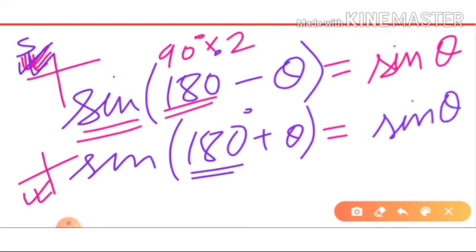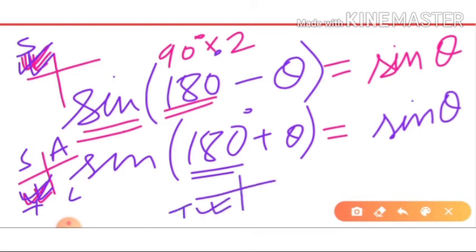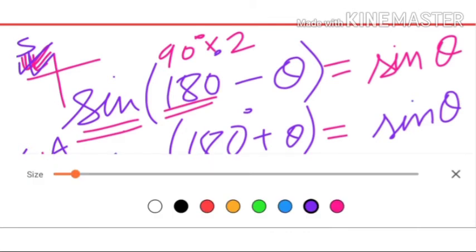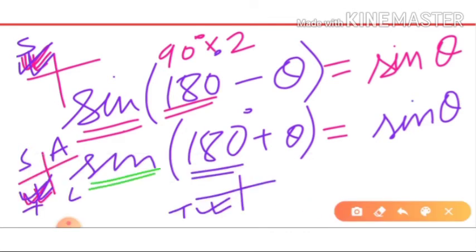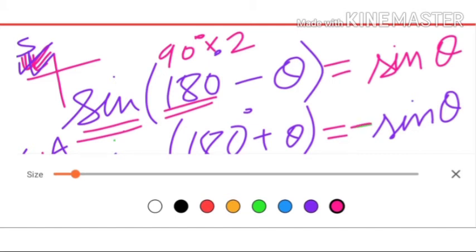Now it is in the third quadrant, and in the third quadrant only tan is positive, meaning other ratios will be negative. Here we have sine, which is negative, so it will be minus sine theta.